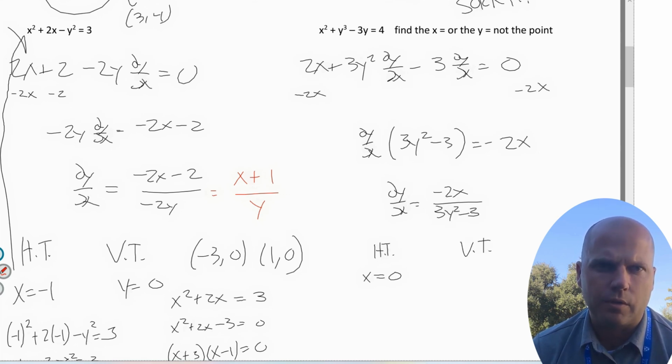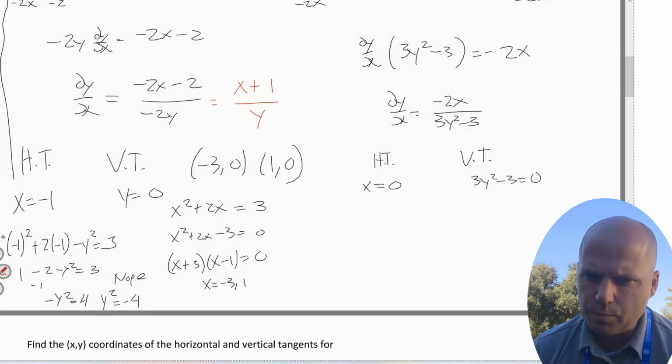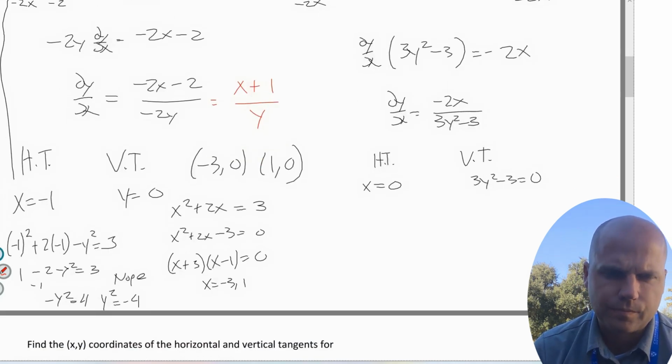Bottom equals 0 gives you plus or minus 1.